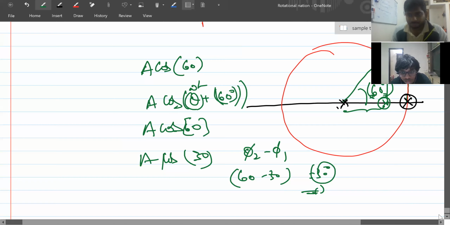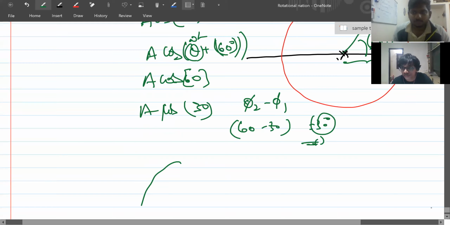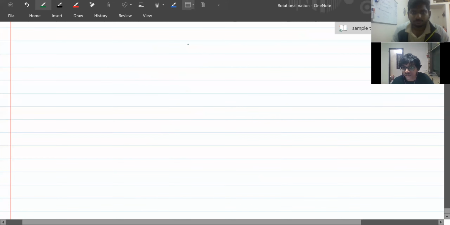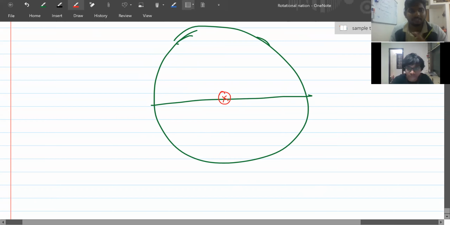Now, you will understand from two ways. Both of them have the same time period, same amplitude and everything. That's the same circle I'm drawing. One particle is at A by 2.